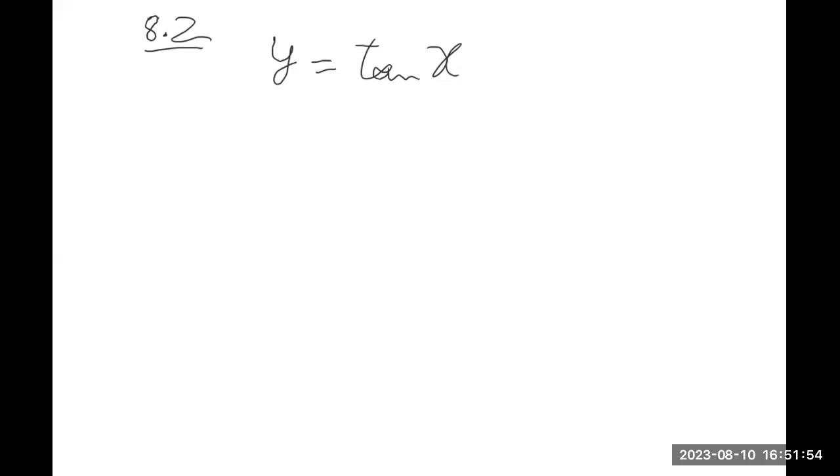And whenever a function is undefined on the graph, you get a vertical asymptote. And then there are other angles for which the function is undefined, and therefore you get more vertical asymptotes.